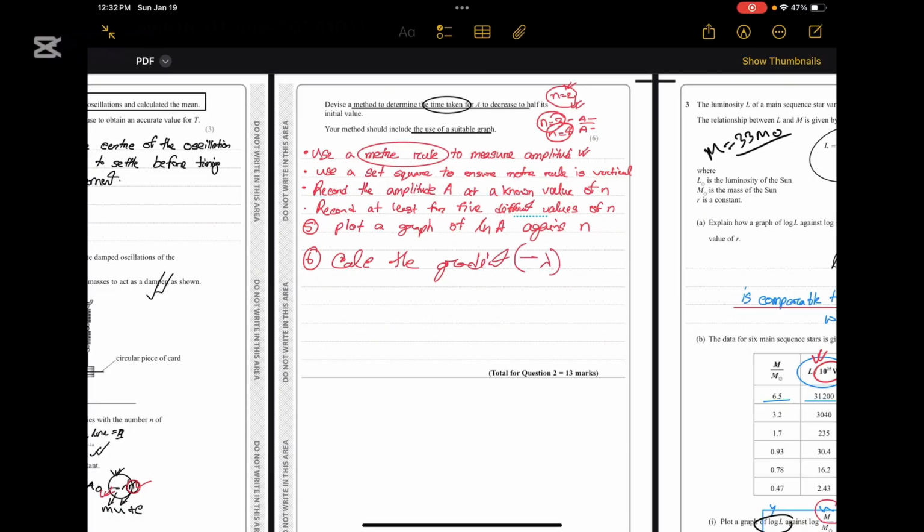Calculate the gradient, minus lambda, and use n is equal to ln 2 by lambda, because n is our half time.